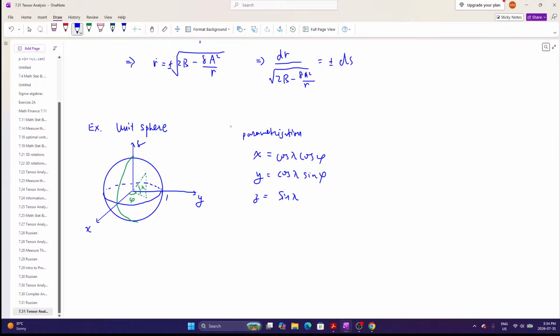So let's draw a picture. A great circle is just a circle obtained by cutting the unit sphere through its center by a plane. So that's a great circle. The cross section would be a great circle. The geodesic on a unit sphere should be a great circle, or at least an arc of a great circle.